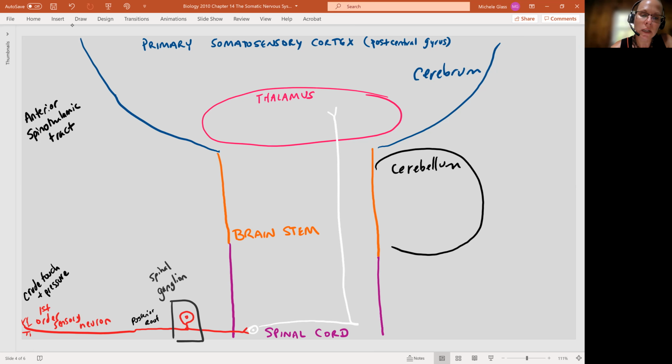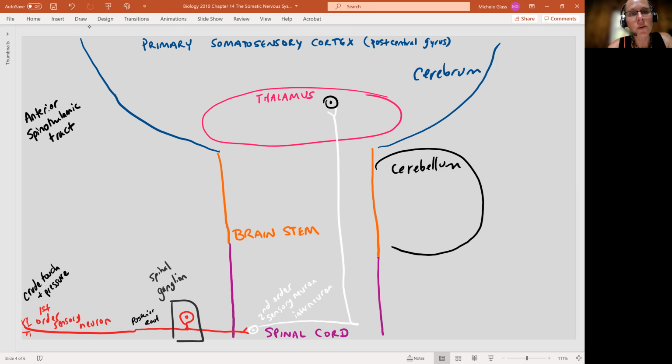Now this neuron here is going to be called a second order sensory neuron. We can also talk about it as an interneuron because this second order sensory neuron is going to then synapse onto what we're going to call our third order sensory neuron at the thalamus.